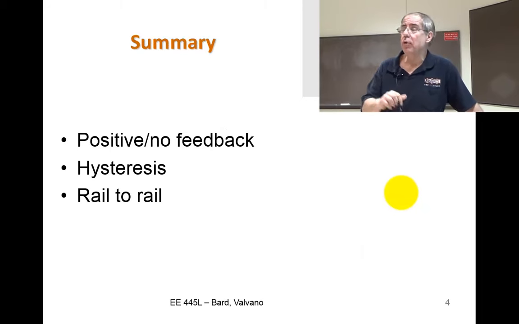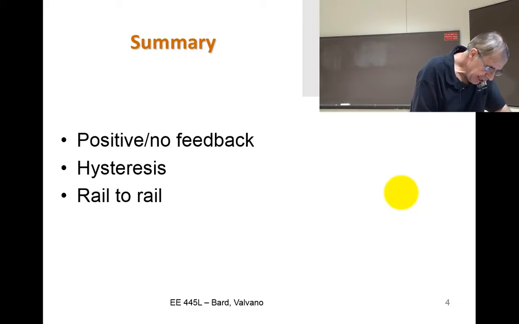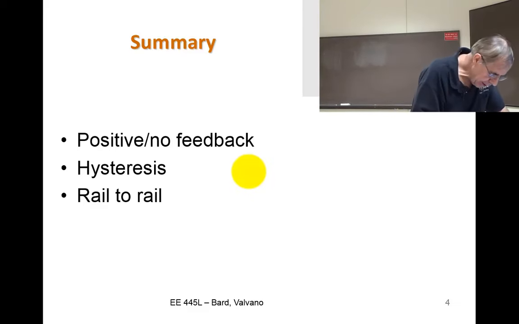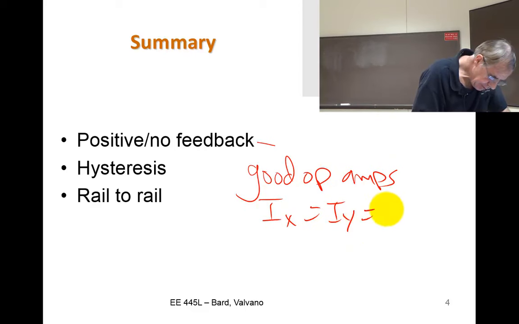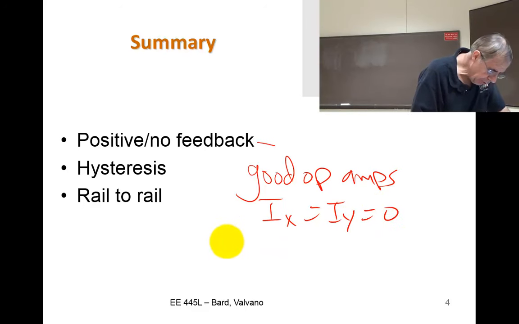So in summary, we can use positive feedback. We still have all the rules but a couple that we had before. We're going to use positive feedback. We're going to use good op-amps. No current into the op-amp, but what we're going to get is a rail-to-rail output.